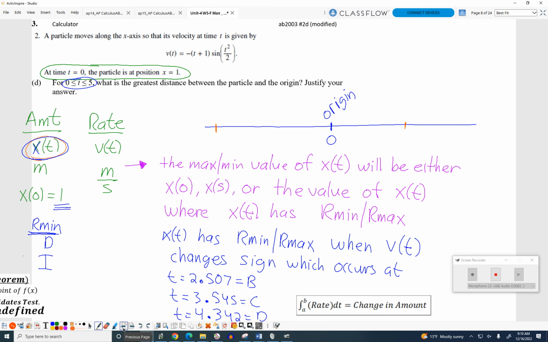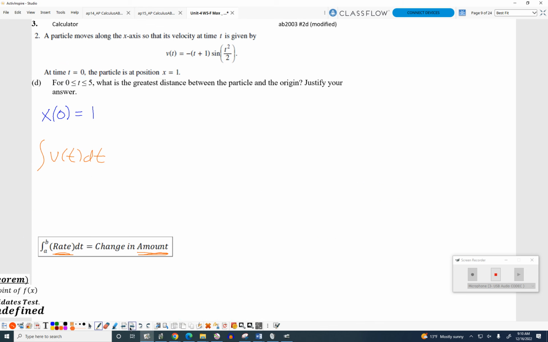X of t. So I can write x of something minus x of something. That's how the fundamental theorem applies to this situation. Make sense? What 2 times do you think we should focus on, Haley? 0 and 5. So 0, 5, therefore this must be a 5, this must be a 0. 5 points for Haley. Question?